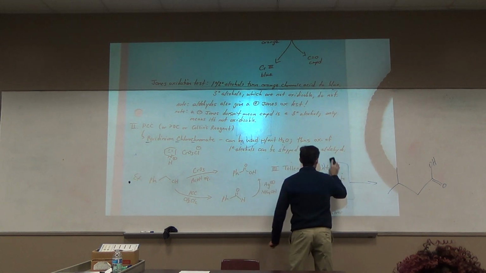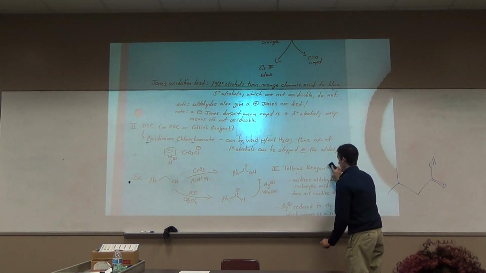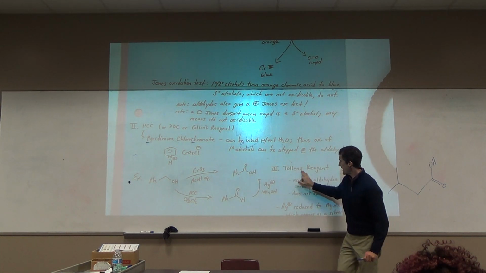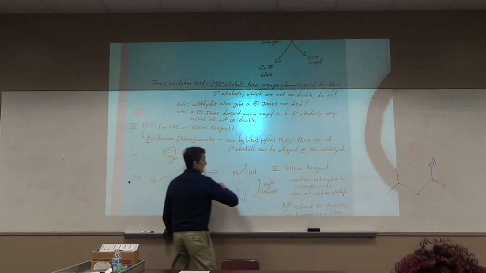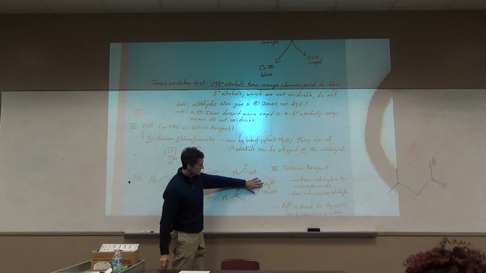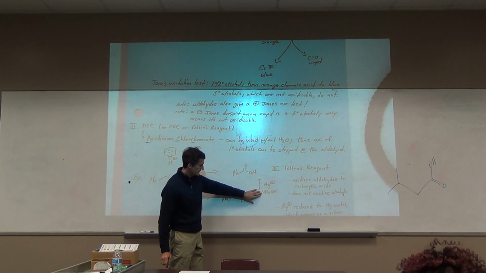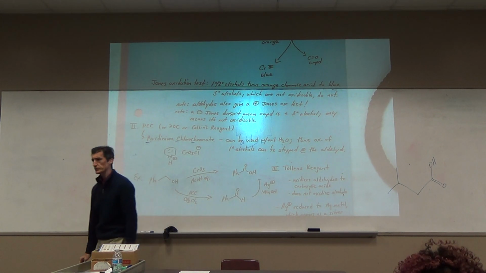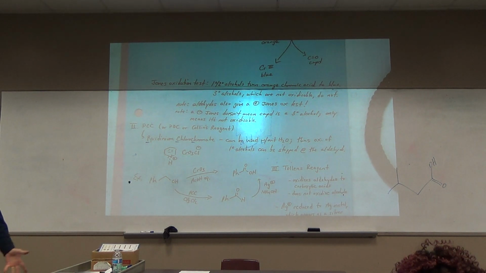Now, this can also be a test. First off, it's called the Tollens reagent because it's a complex. You have to use it with some ammonia, NH3, aqueous ammonia, which is ammonium hydroxide. The ammonia helps make the silver soluble.